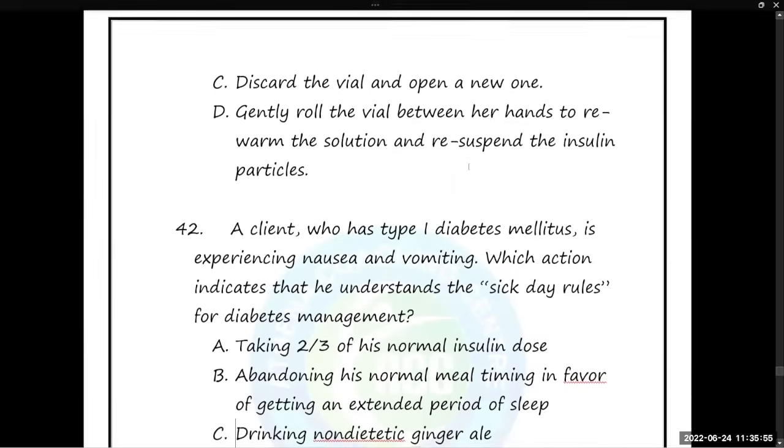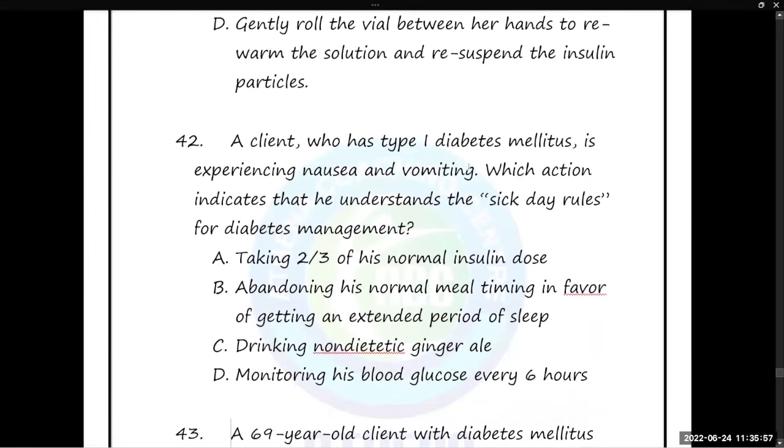So next question: what is the side effect of insulin? Hypoglycemia. Exactly, it's hypoglycemia. How do we prevent hypoglycemia when a patient is receiving insulin?